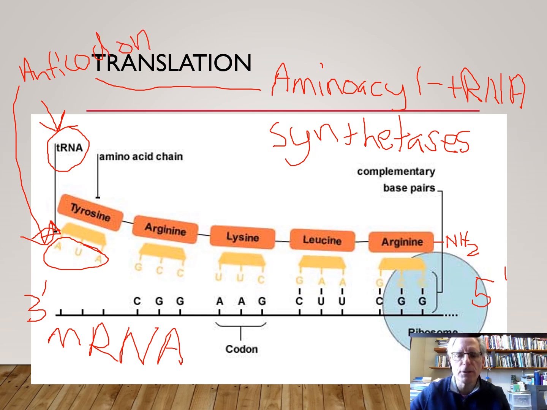The anticodon, as you see, has a sequence that's complementary to a 3-base sequence on the messenger RNA, and that sequence is called the codon. And that's how the ribosome knows it's putting the right amino acid at the right part of the protein.